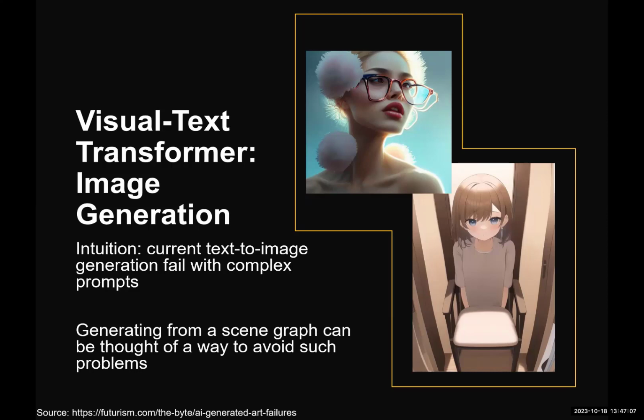And here you have this weird thing with the glasses and the balls of puff coming out of the person's neck. And so the idea is that, hey, if you generate this from a scene graph, you can start avoiding this. Now, the work here is very nascent, and the images, at least in the few papers that I was looking at putting together, are very low resolution. But it is an interesting concept to overcome some of these difficulties.